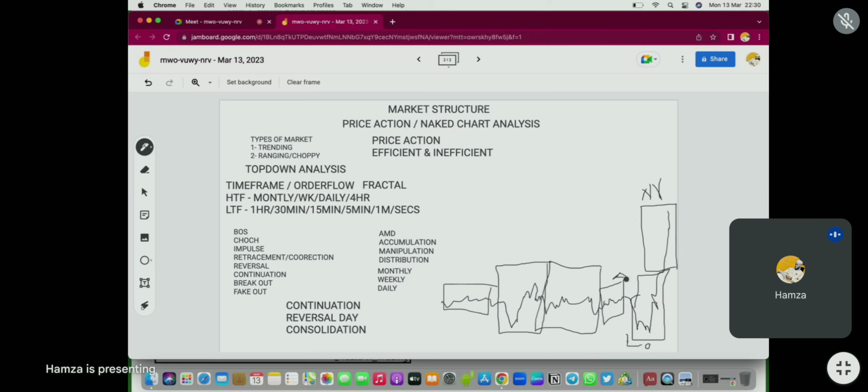And this is Asia, let me write AS. And this is New York. This is London. This is Asia. Yes. So this is Monday. But this here, this is Tuesday.